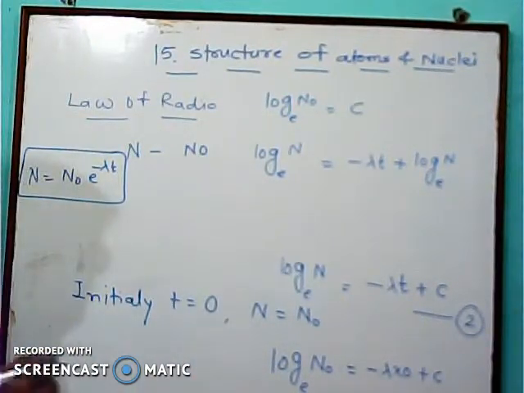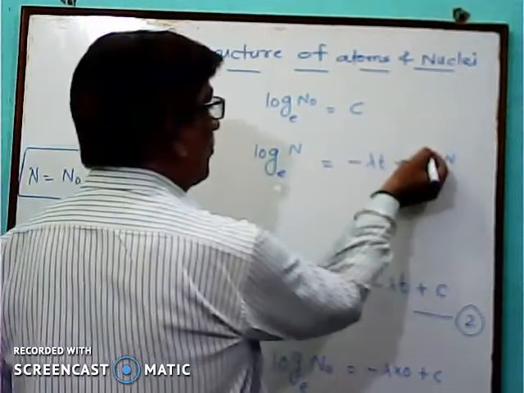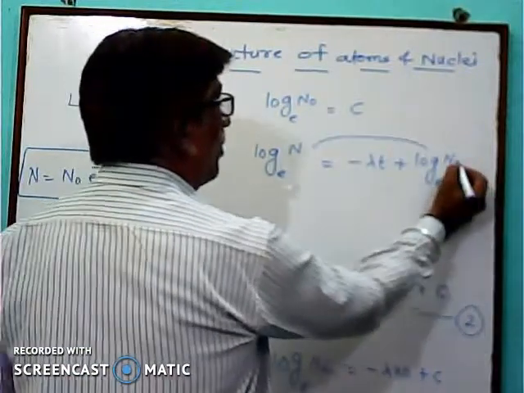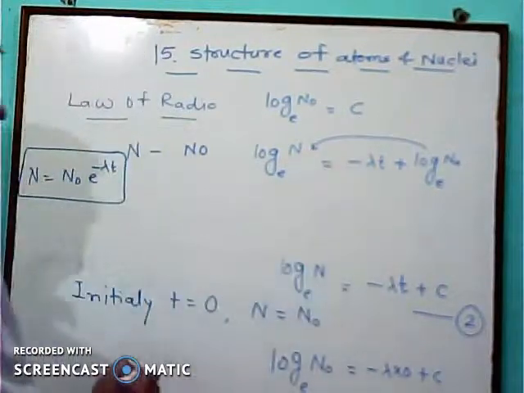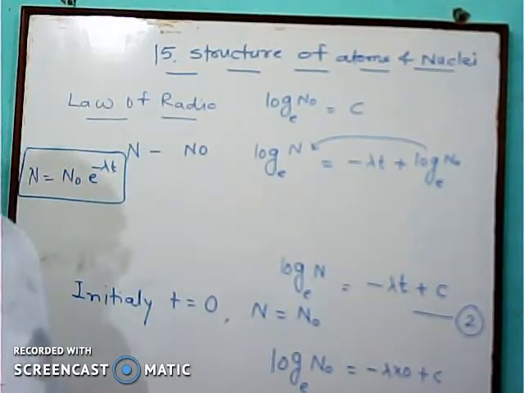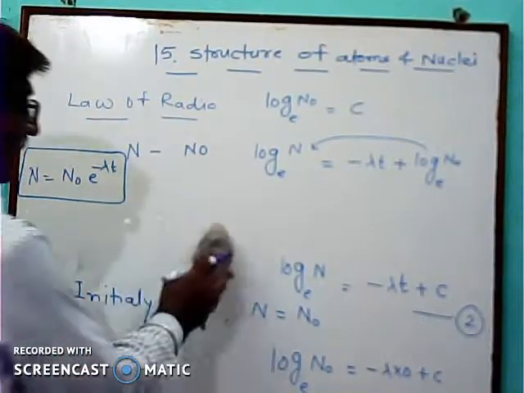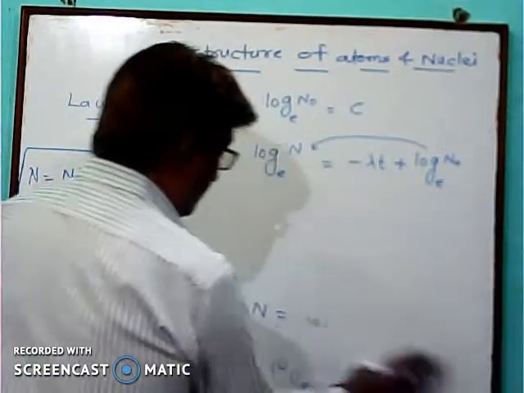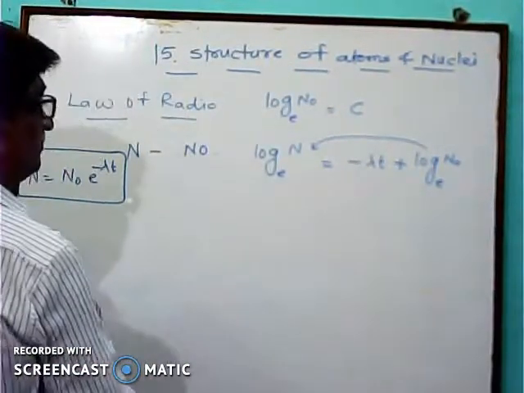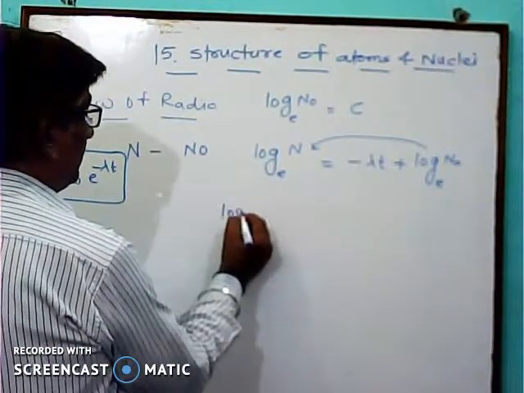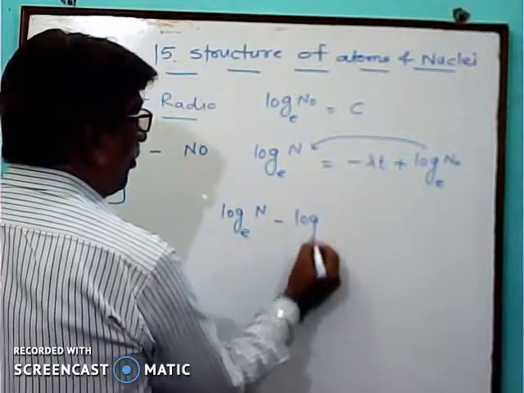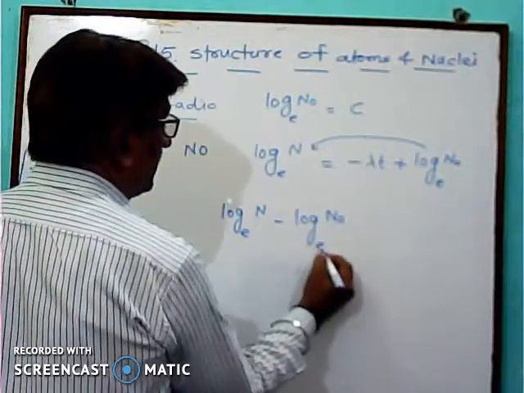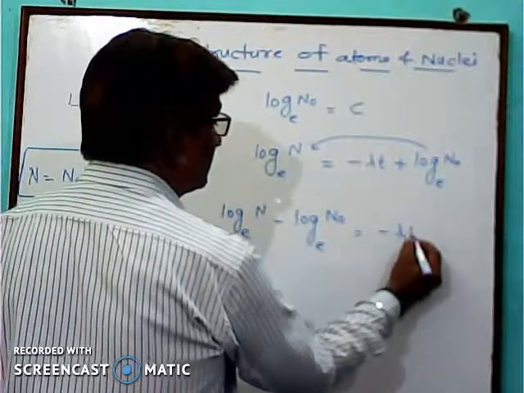Now rearrange the terms. This log N0 to the base e is shifted to the left side. So the equation can be rearranged such that log of N to the base e minus log of N0 to the base e is equal to minus lambda t.